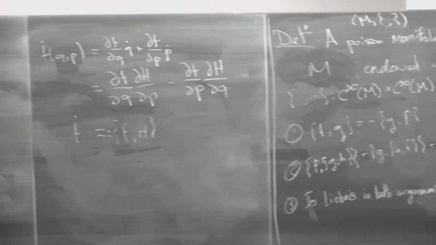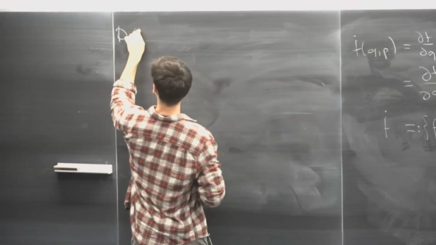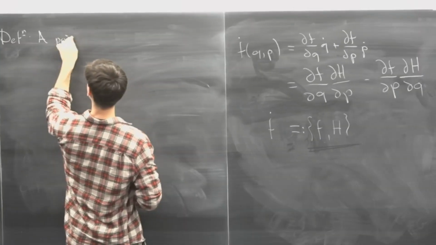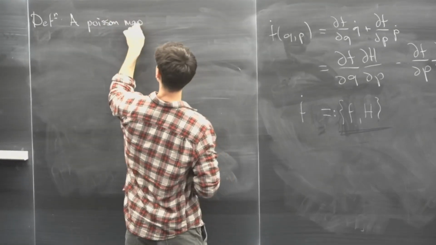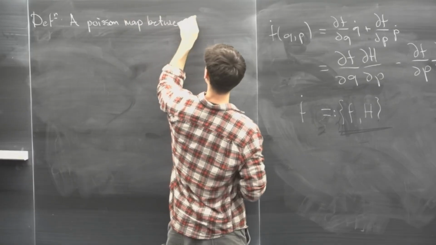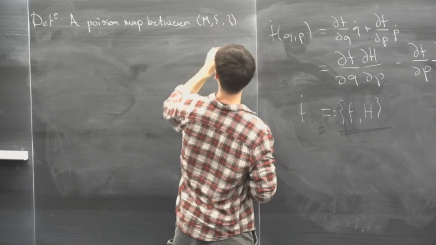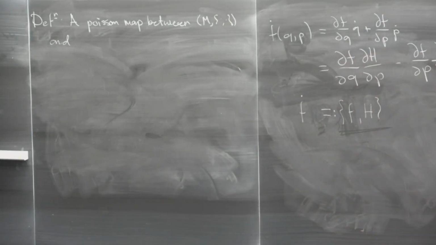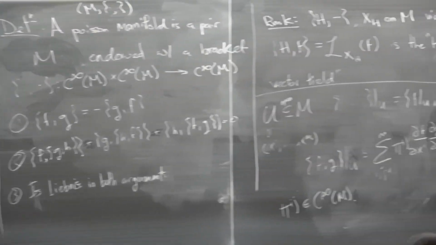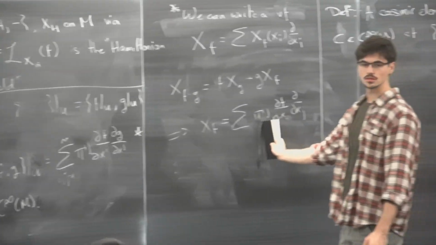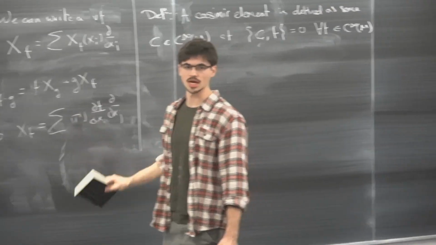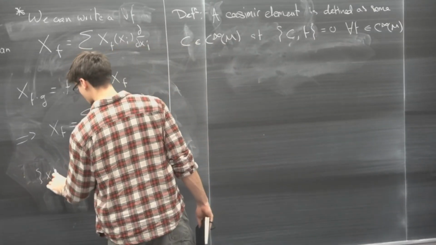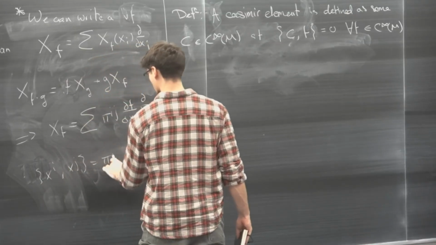So, a Poisson map. If locally you consider the coordinate functions and take the bracket of xi with xj, you get pi ij back.